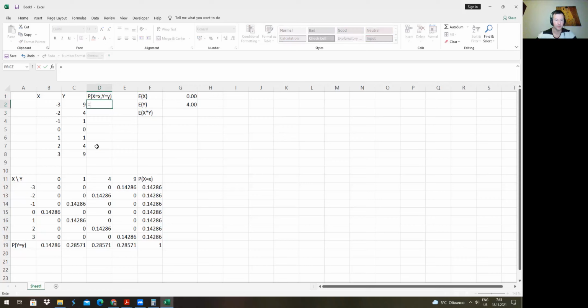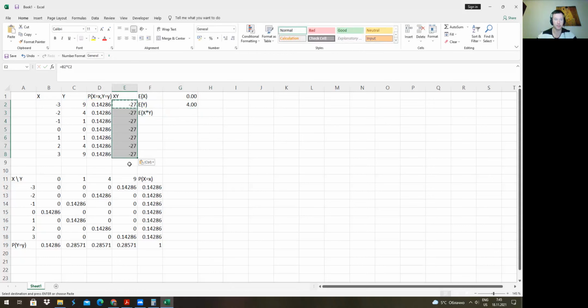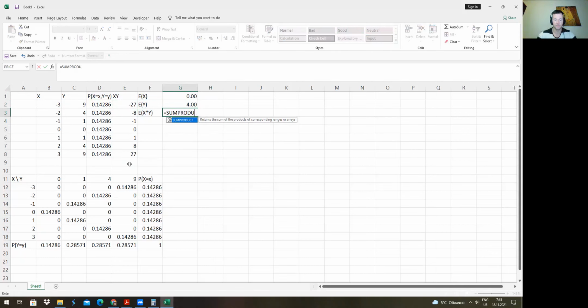If I do this in the following table, it gives me 1/7 everywhere, and then I simply multiply these things. So x times y, which is this multiplied by this, and then I take the respective probabilities. This probability is multiplied by this here. Okay, you see that this is 0, almost 0.